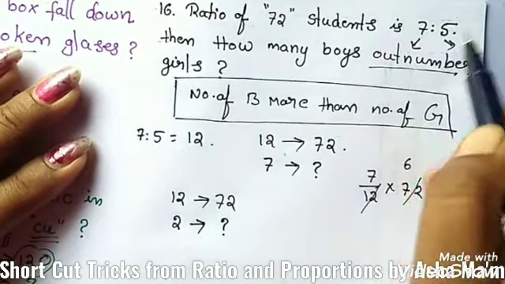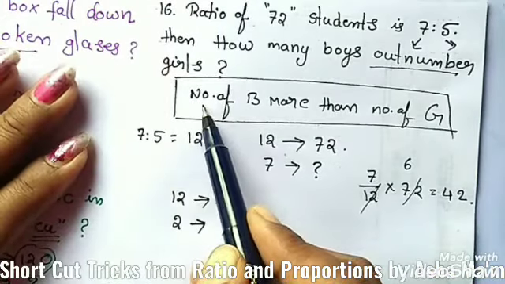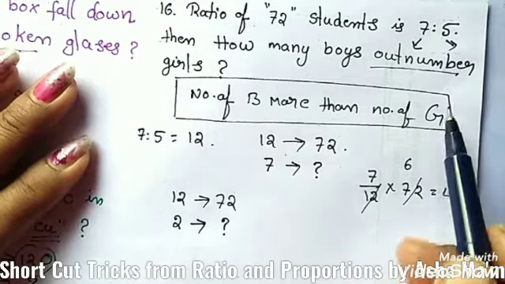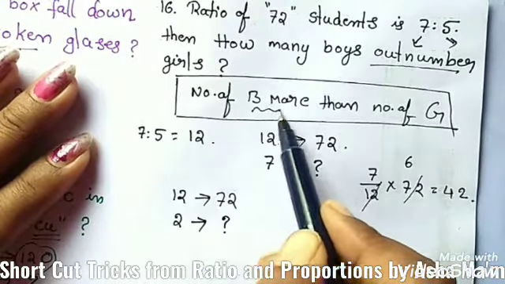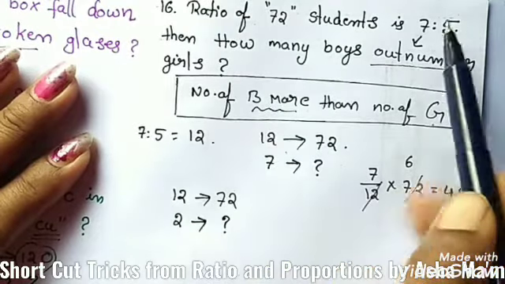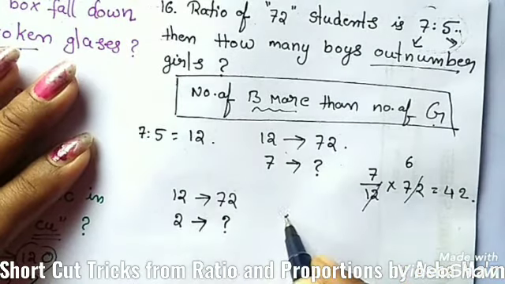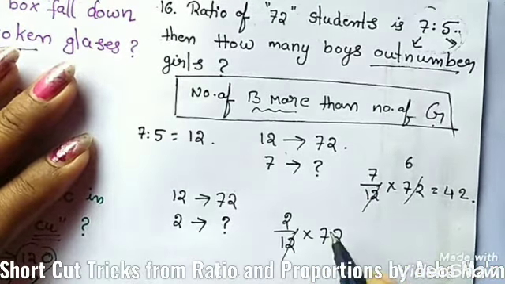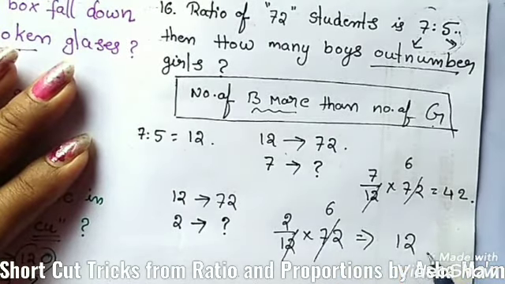Because here is the difference 2. Okay, here is the question. You have to find out the total number of boys more than the number of girls. So here is the variation 2. So if you find like this, 2 by 12 into 72. This 12 in this 72 6 times, then 2 6 12.